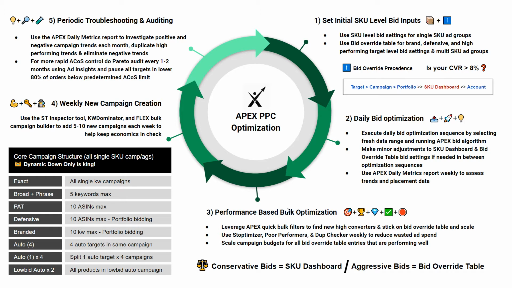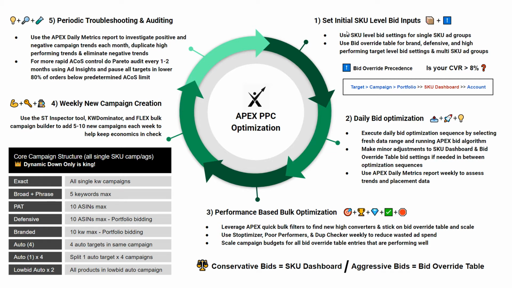So this graphic here, if you understand these core concepts, you will do great using APEX. It really is built around these concepts. Starting up here at 1 o'clock, I'm going to teach you more in depth in this video how to set up your initial bid inputs.